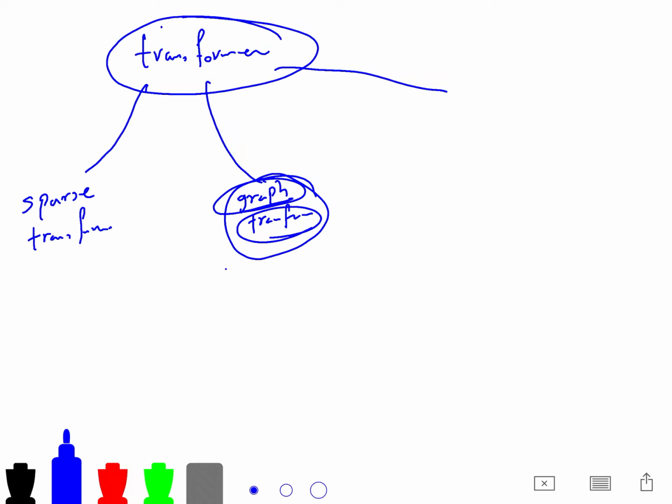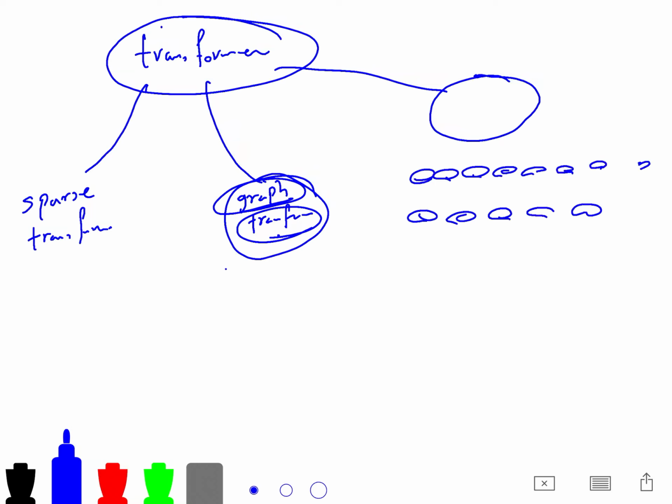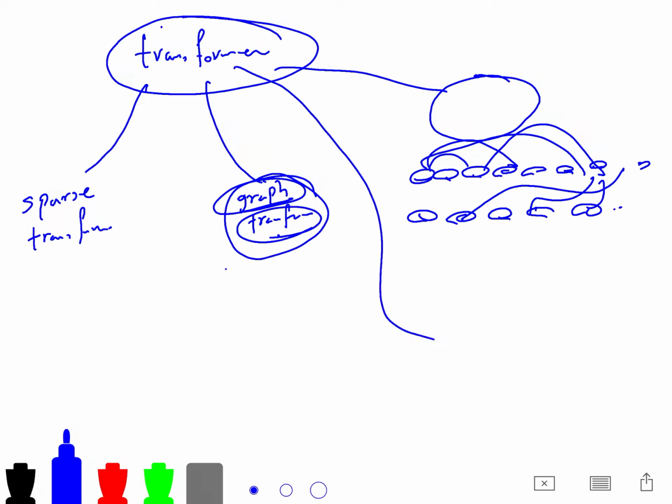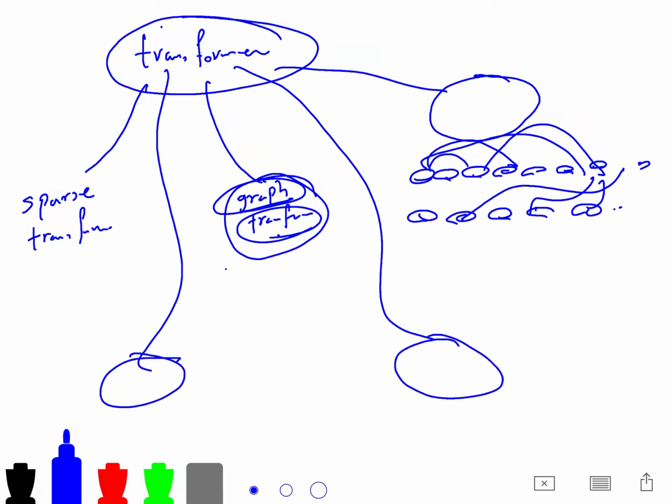For example, I'm working on a transformer model that can handle long-range dependencies. Because if you have a very, very long sentence, how do you deal with all of these dependencies? So you need some kind of sparsity. Also, you need to handle that in a different, non-traditional way. So you can have your own variants of this transformer approach.